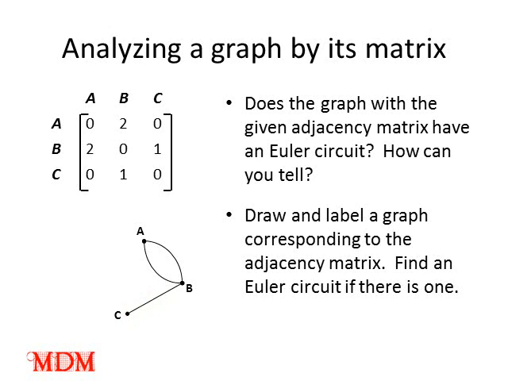But remember, an Euler path just says that you're going to travel along each edge only once. And we did that. But an Euler circuit requires that you begin and end at the same vertex. So an Euler circuit really is a special case of an Euler path.